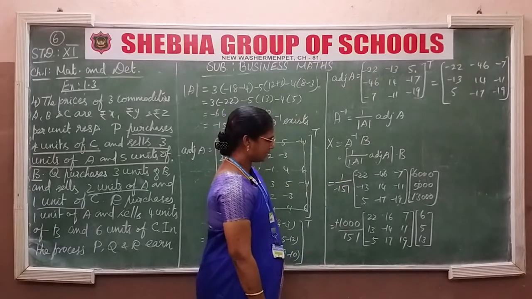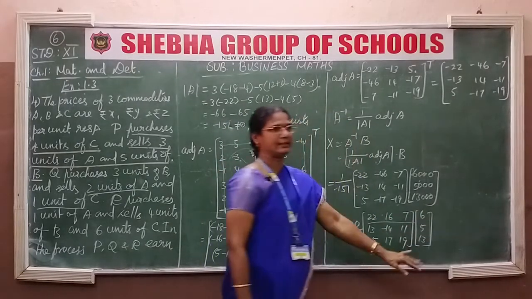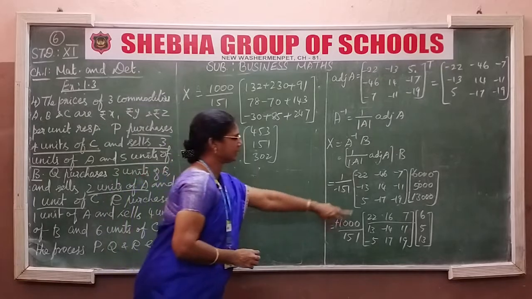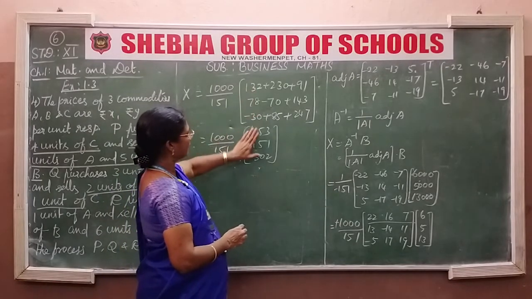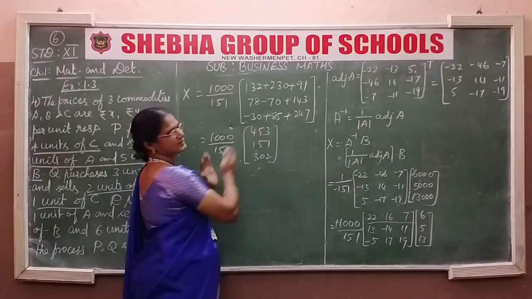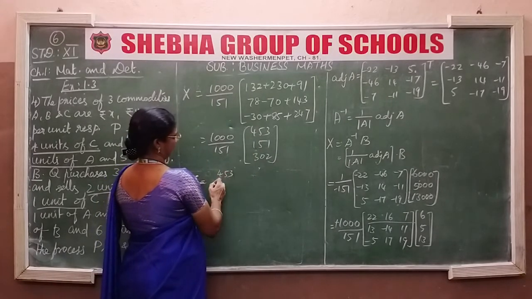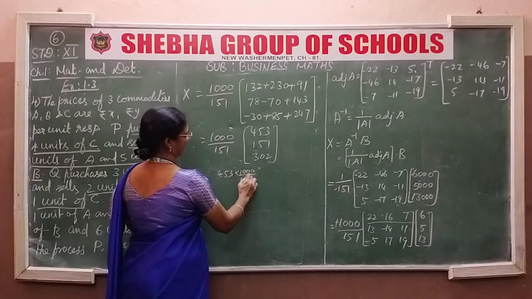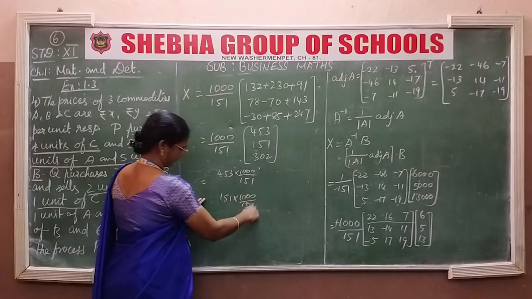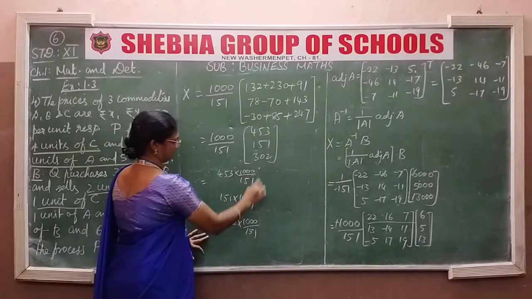Okay. After this, listen. Now multiplying this matrix and this matrix, we get this. After the calculation we get these three numbers. Now taking this value inside, we get 453 into 1000 divided by 151, and 151 into 1000 divided by 151, and 302 into 1000 by 151.